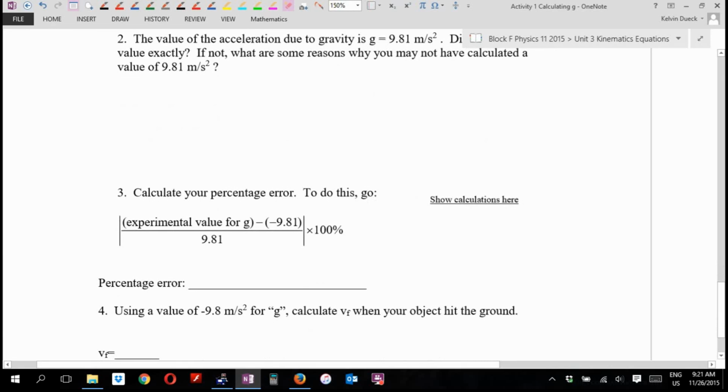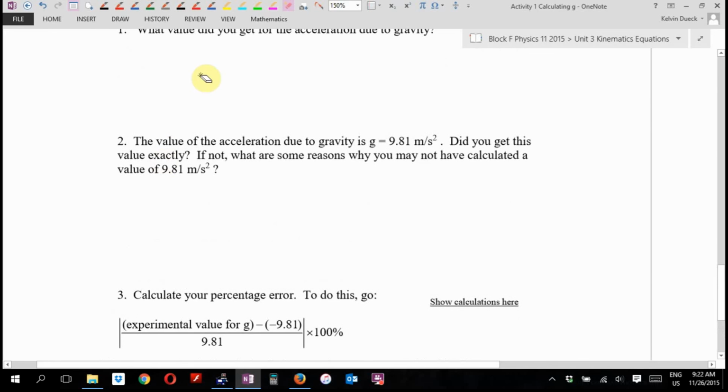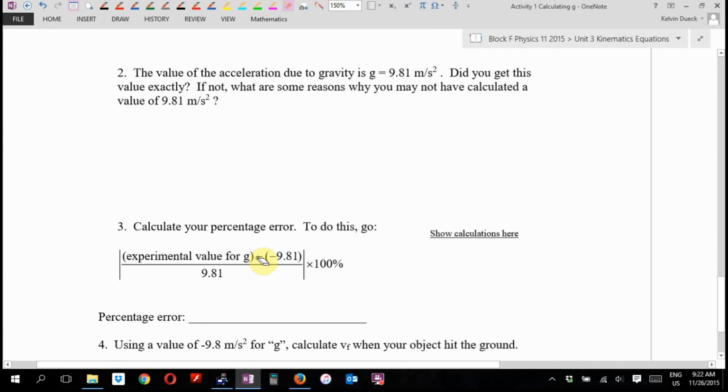Then we're going to do this percentage error thing. Here's what you're going to do. You're going to take the value that you calculated, the answer that you got right here. You're going to subtract negative 9.81, the actual value, and divide by negative 9.81. Is that a fraction? Yes.